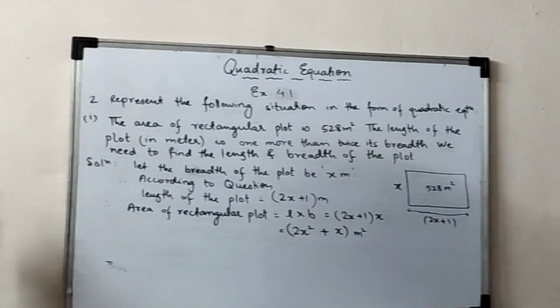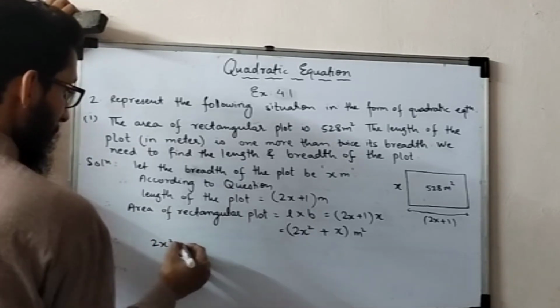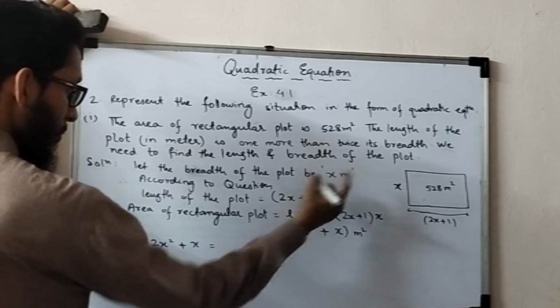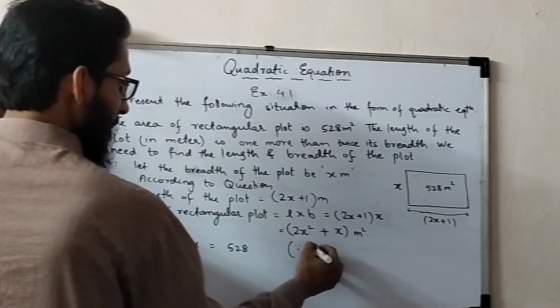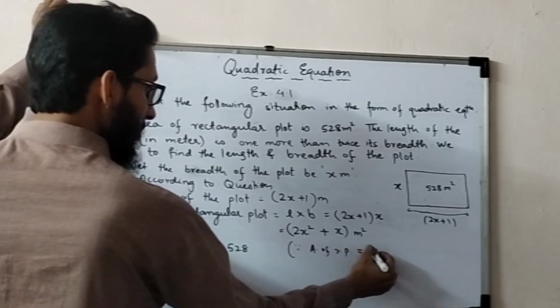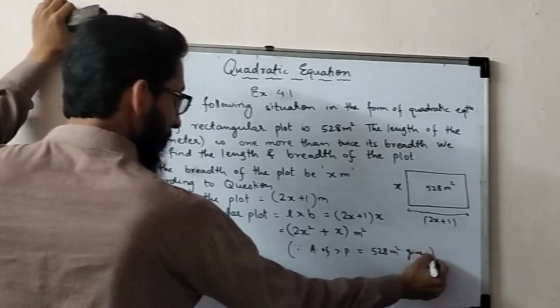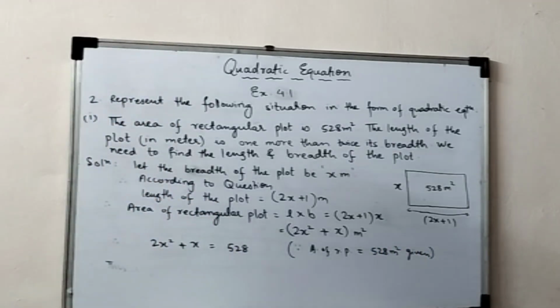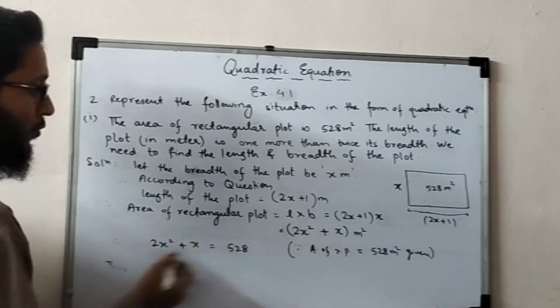Therefore 2x square plus x will be equal to 528. Why? Since the area of the rectangular plot is given as 528 meter square. It is given. So now we have to write 2x square plus x is equal to 528.